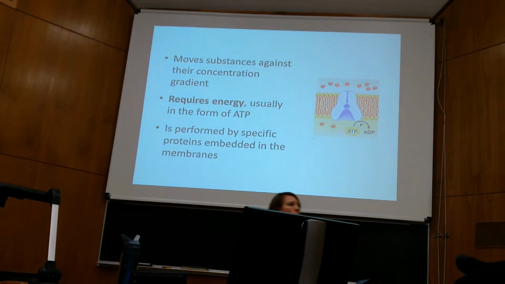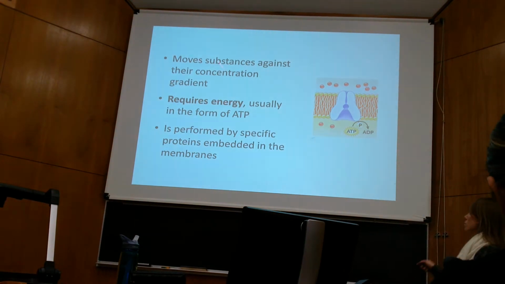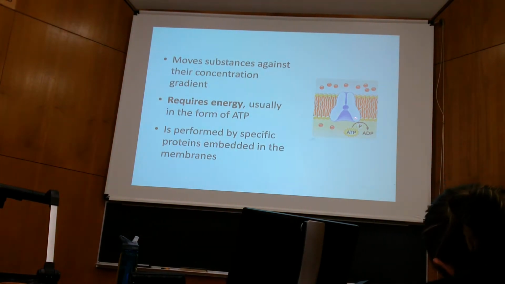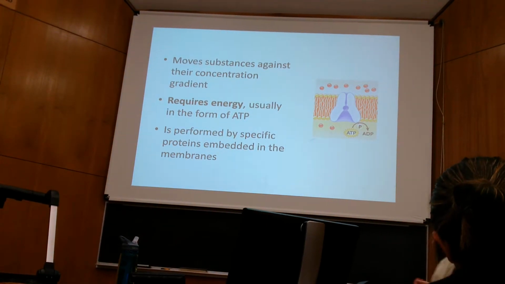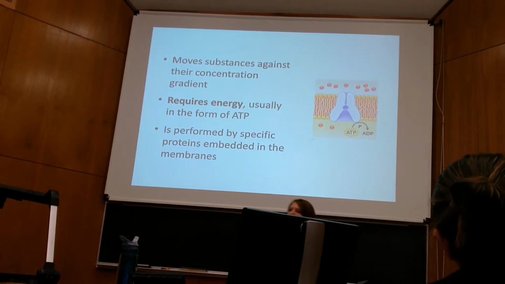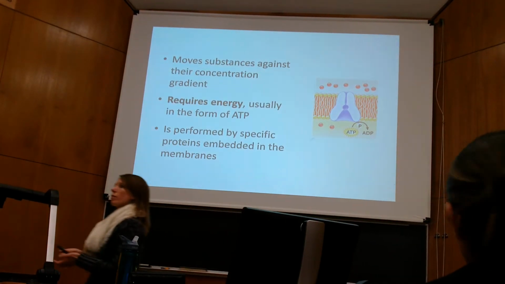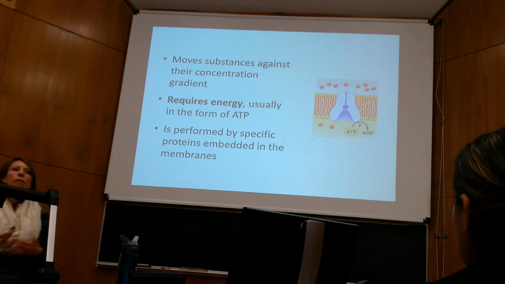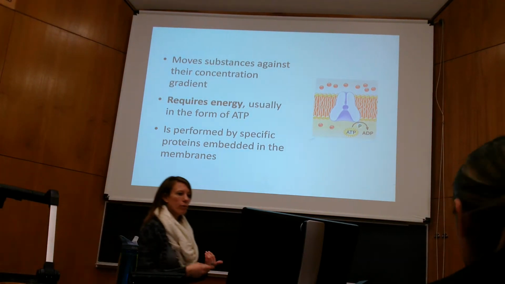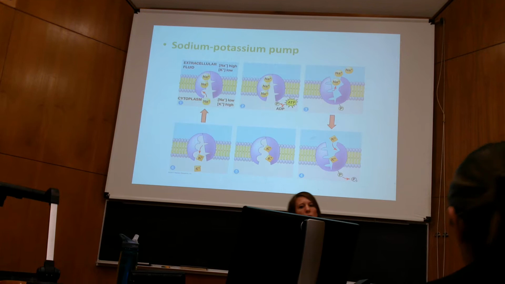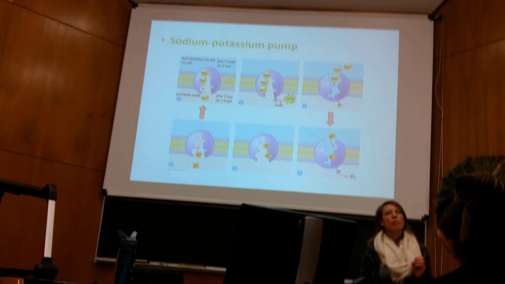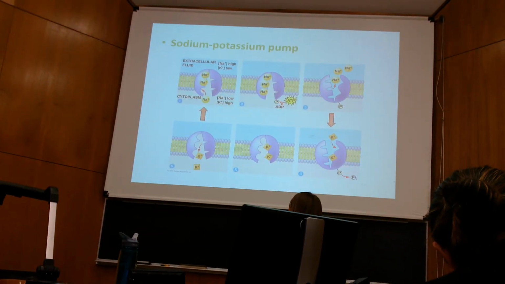It's going to require energy. Again, ATP supplies energy in the cell by adding a phosphate to that protein, which causes a change, gives it energy. And these are performed by very specific proteins, depending on the ion or solute that they're moving. Okay, so one example is the sodium-potassium ion pump.